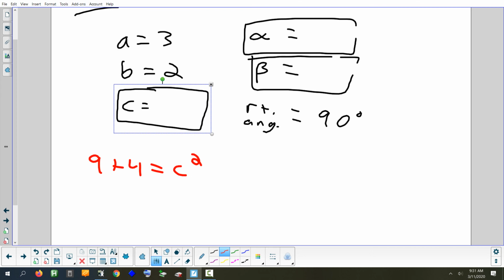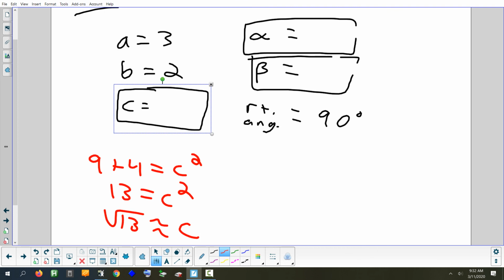So A squared plus B squared equals C squared. 13 equals C squared. And Michael, how do we get rid of the exponent of 2? Take the square root. Pretty much every problem that you do that's like this, where you're solving for the sides, you're going to round that off.